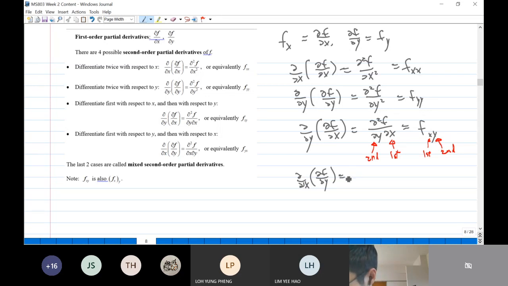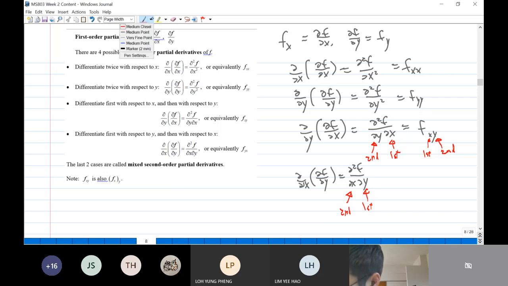Of course this is equal to d squared f over dx dy, partial del x del y. The first one is y, the second is x.